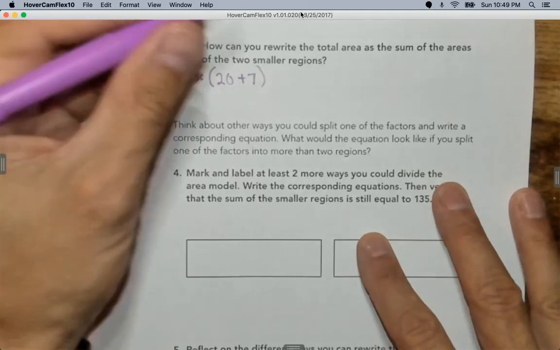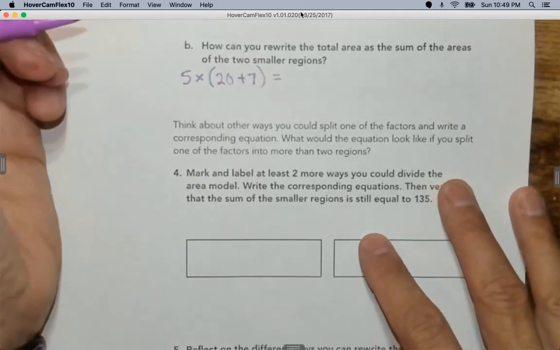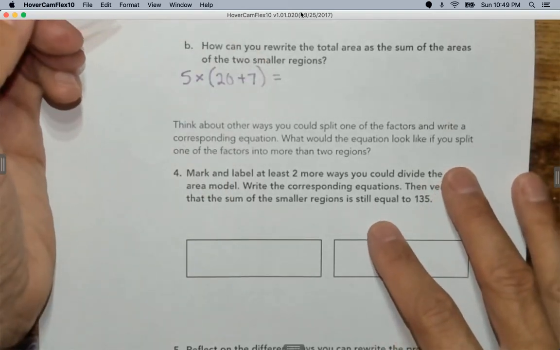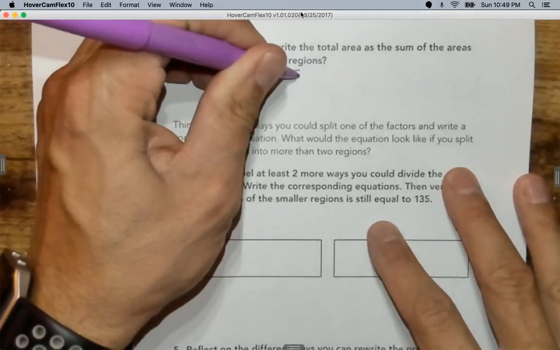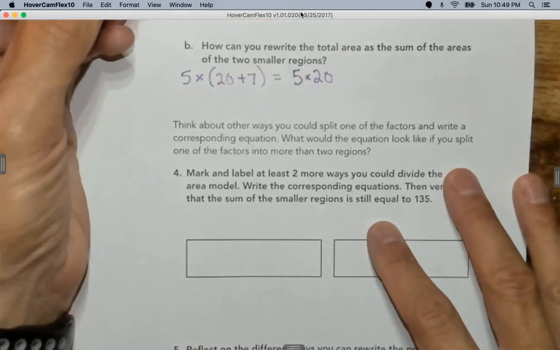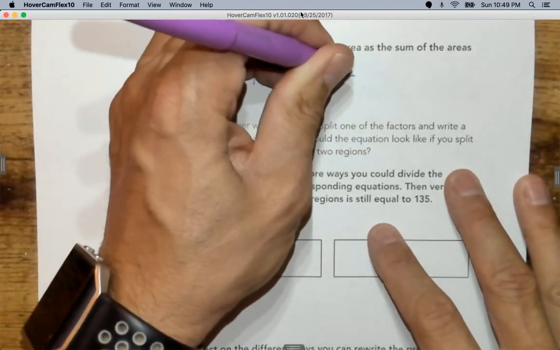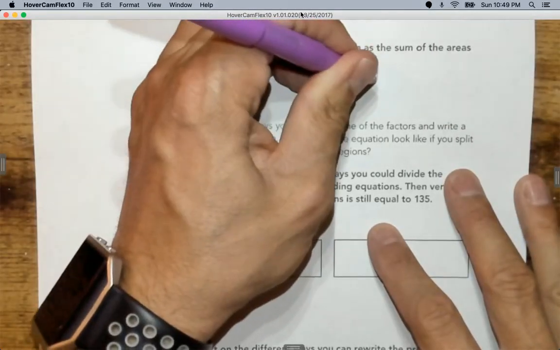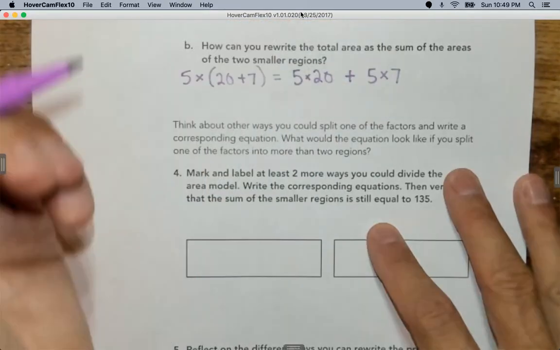Well, I could rewrite that as the sum of the areas of the two smaller regions as taking 5 times 20, because I multiplied those two together to get the 100, and then I added to that the 5 times 7 to get the other part.